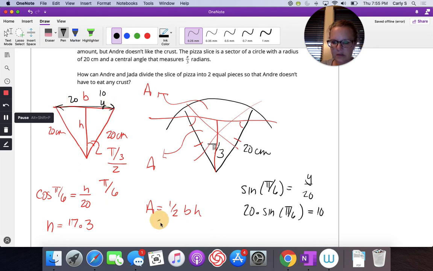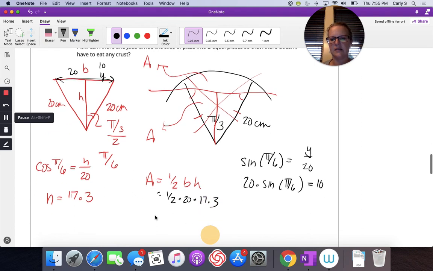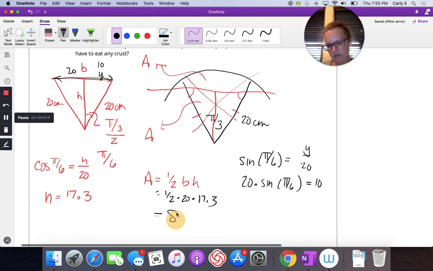The area is 1/2 base times height. So the area of that is centimeters.